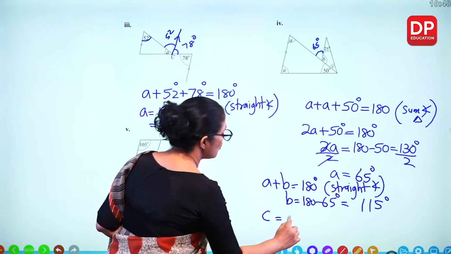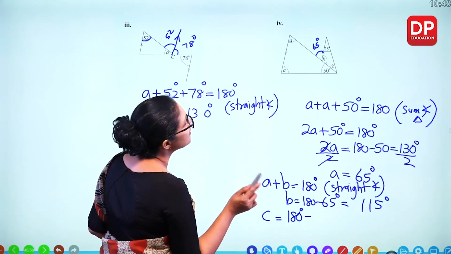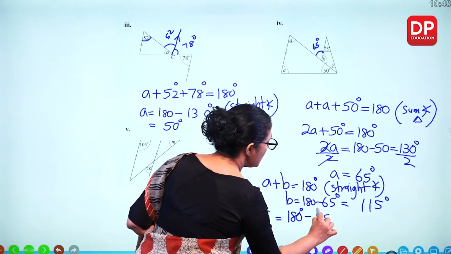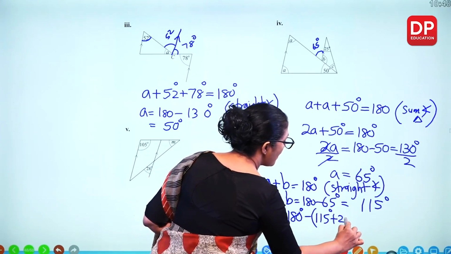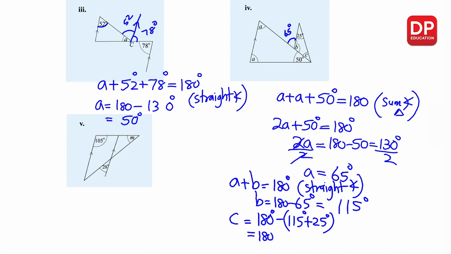C is equal to 180 minus the sum of B and 25. 115 and 25. So what's the value? 180 minus the sum of these two, 140.